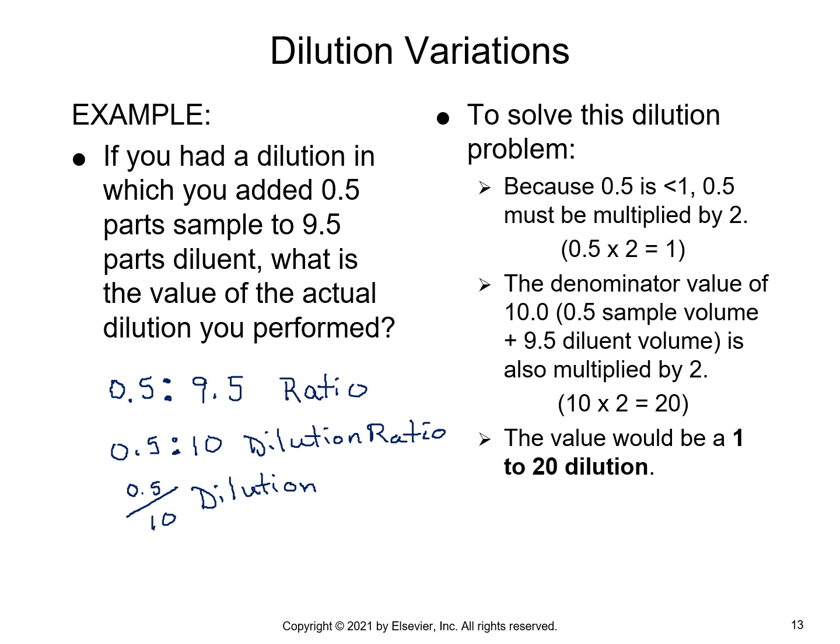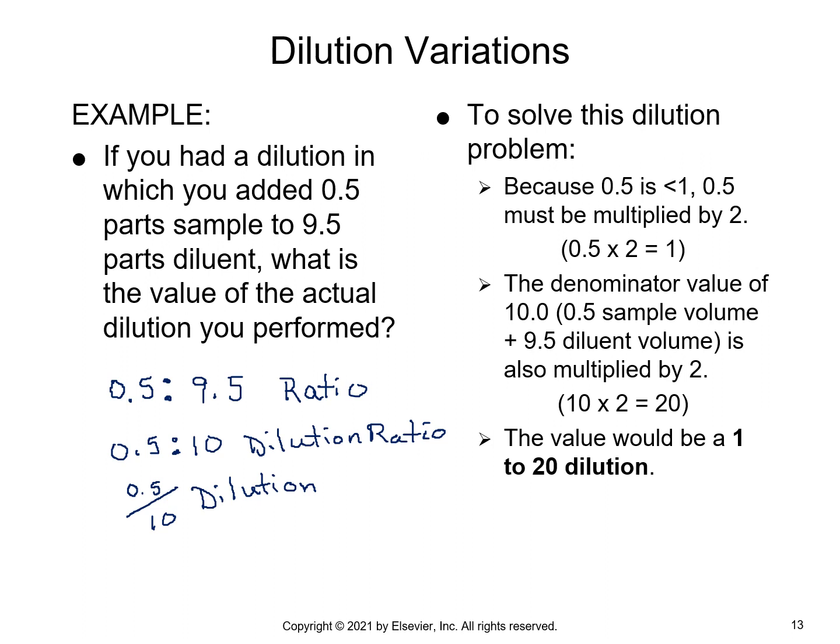Okay, so now we'll do another example of a dilution. Let's say you have a dilution in which you add 0.5 parts of sample to 9.5 parts of diluent, and what we're trying to figure out is what the value of the actual dilution is. Again, we have 0.5 of the sample with 9.5 of the diluent, so we know that's a 0.5 to 9.5 ratio.